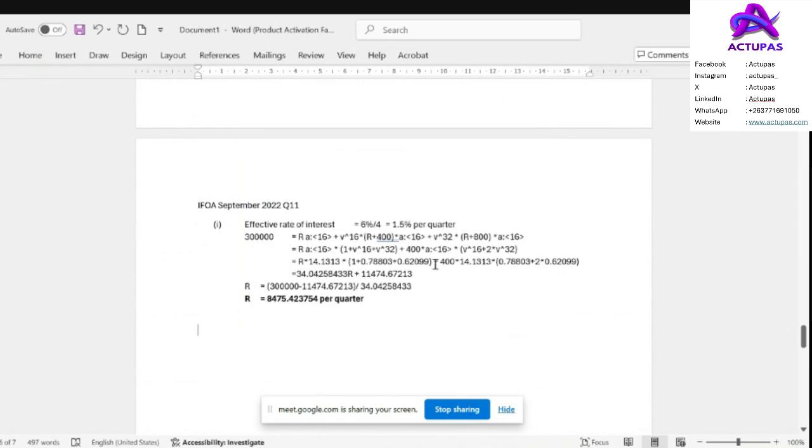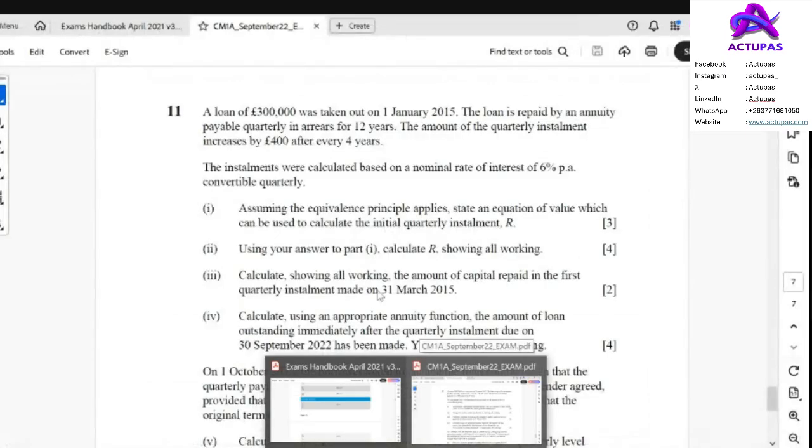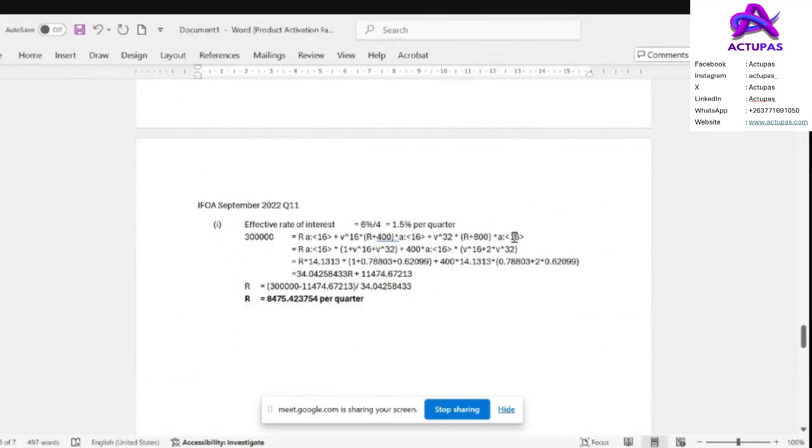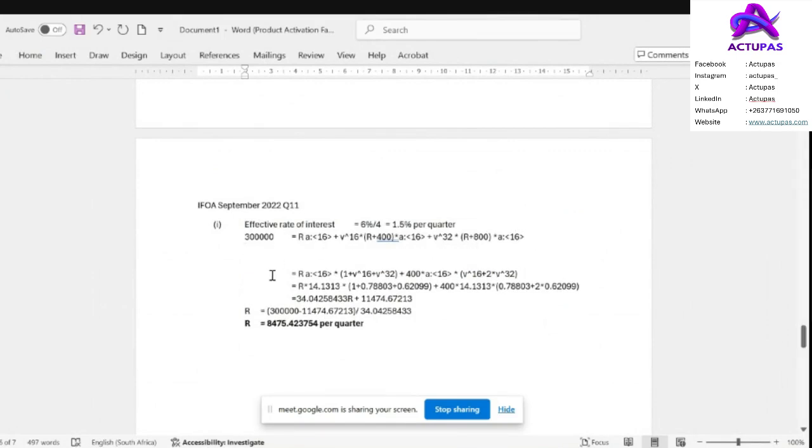Now we move on to the next part. Okay, we've determined the formula here. This was the first part, and then the second part started here.